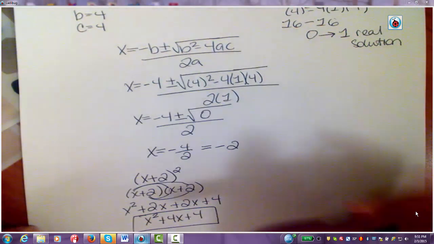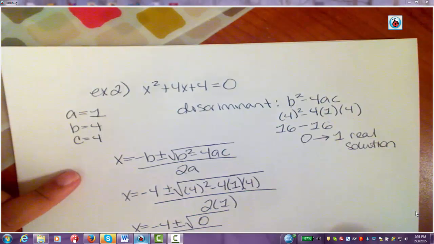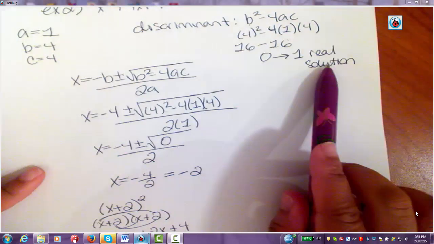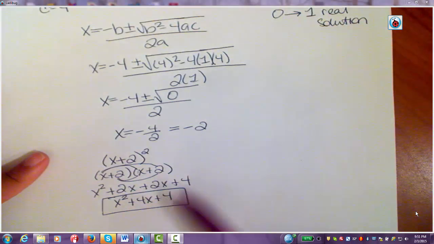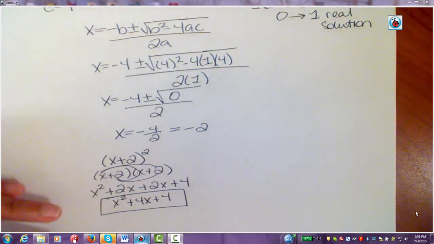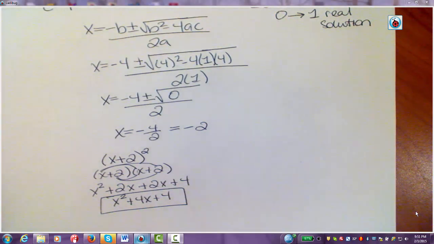And look, we get x squared plus 4x plus 4, which was our original problem. So that's why one real solution means that the one solution that you get has a multiplicity of 2. So if this is fuzzy, then look back at your fundamental theorem of algebra notes.